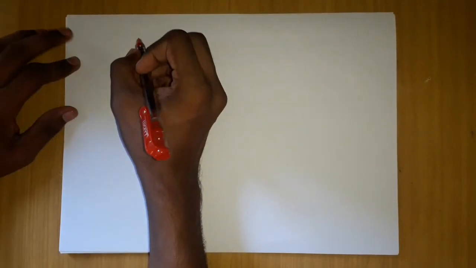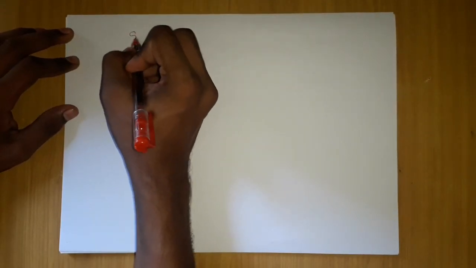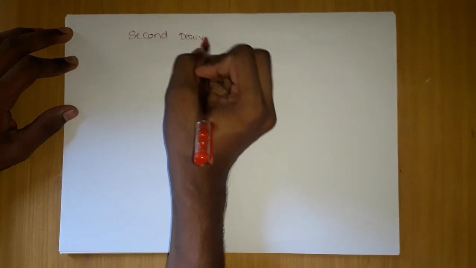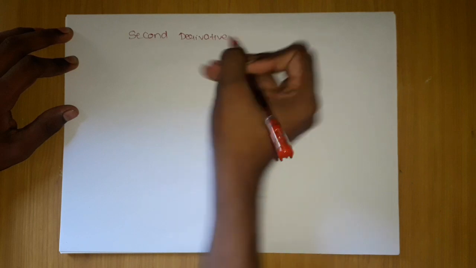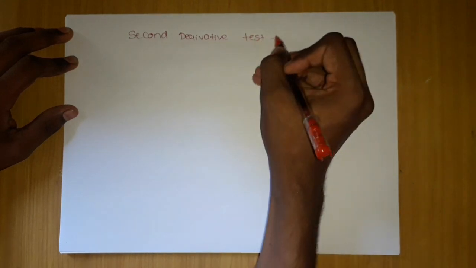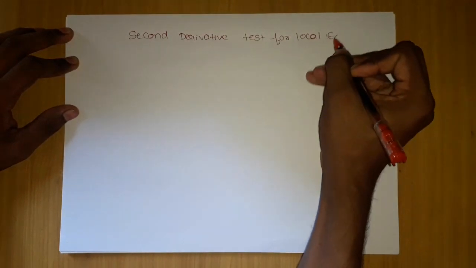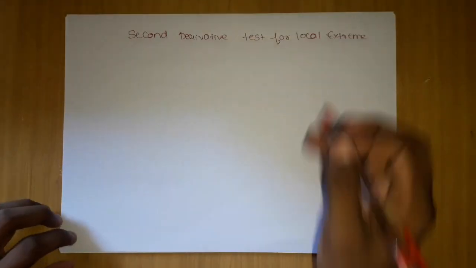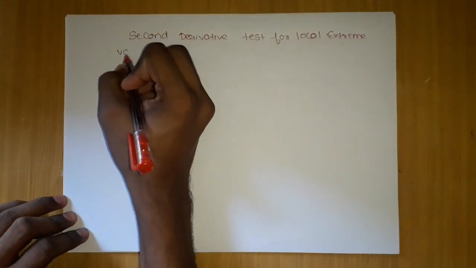Now we will come across the second part of this, which is the second theorem, you can say, the second derivative test for local extreme values.